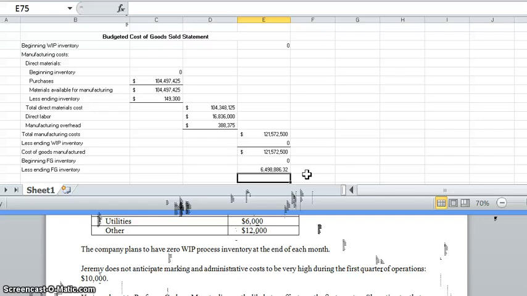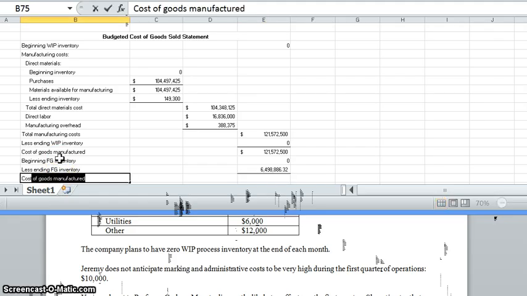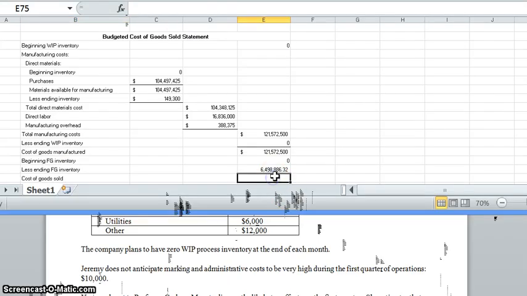All right, now that we know the ending finished goods inventory, we simply have to finish up our final flow to find cost of goods sold. So we started with beginning finished goods. I know it's a weird order, but it makes me more comfortable because of cost flows.